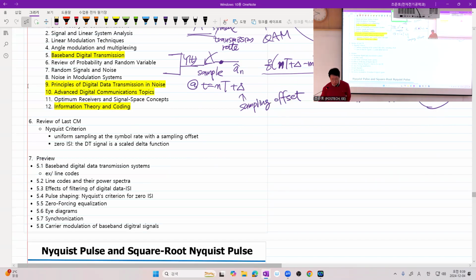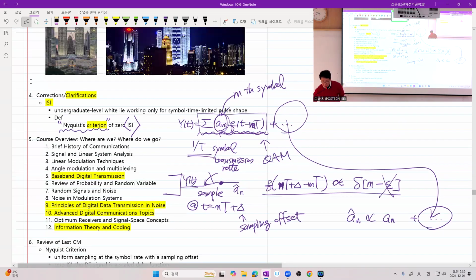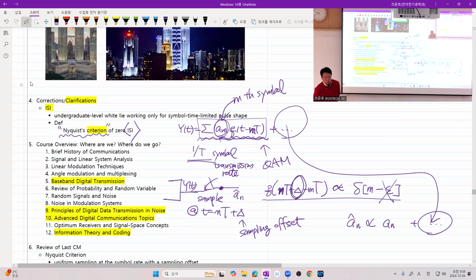Anyway, by the way, you may need to focus on this offset. If you change this sampling offset, suddenly you may observe ISI.